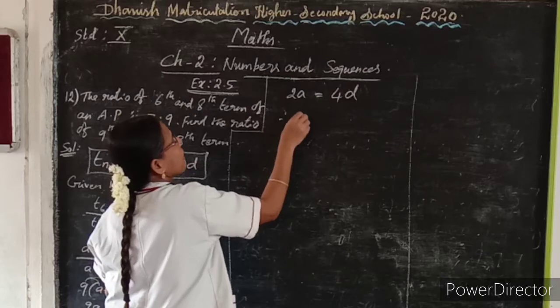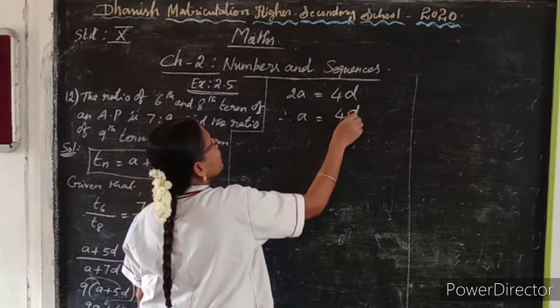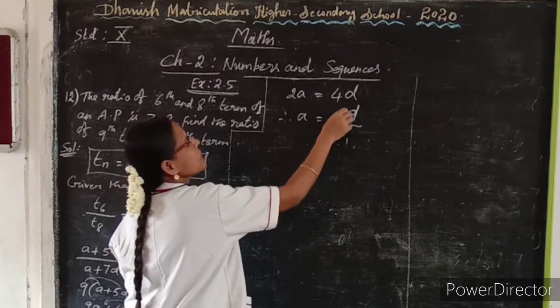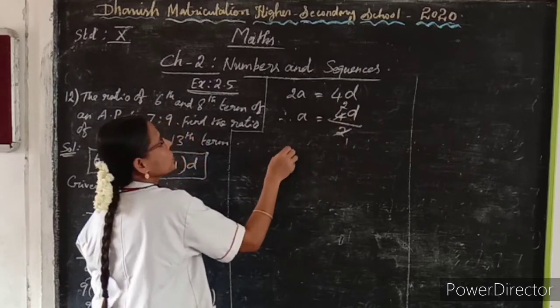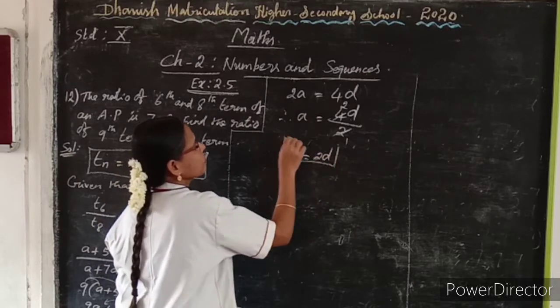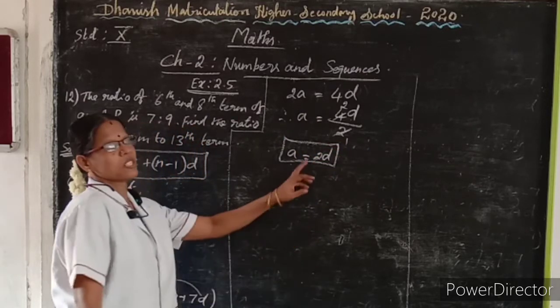So therefore A is 4D divided by 2. Now cancel by the 2 table: 2 ones are 2, 2 twos are 4. So A is 2D. A is in terms of D.